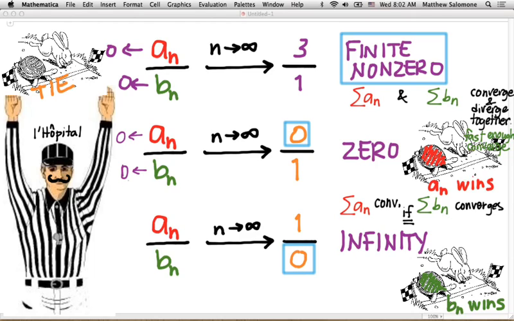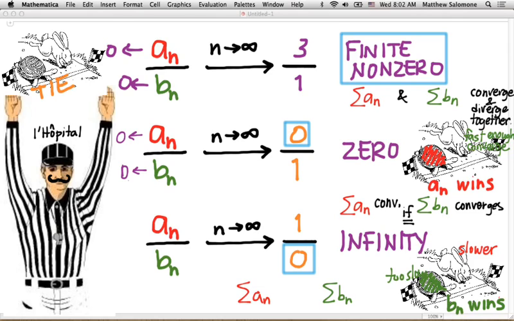So now what conclusion can we make about the series summation of an? If the bn's diverge, in other words, if the turtle is too slow, and our rabbit is even slower, then if the summation of bn's diverge, then so does the summation of an's.